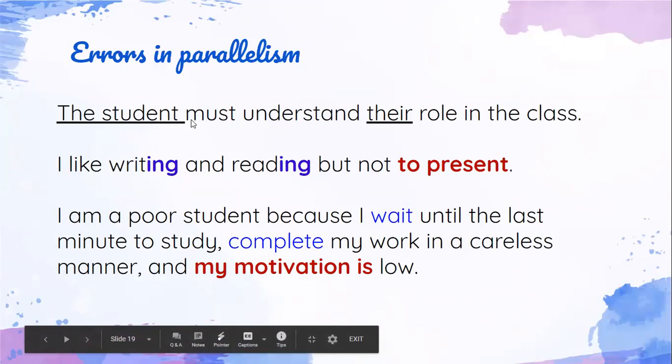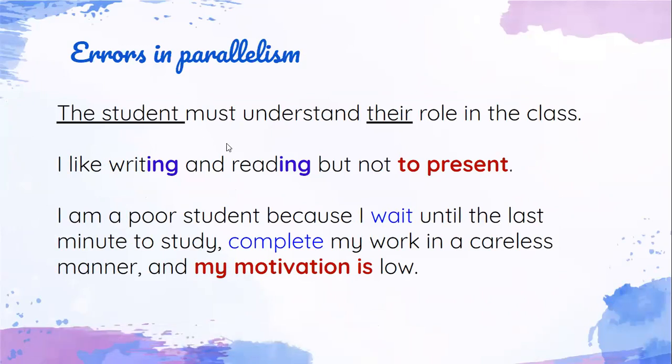This is what I mean. I'm going to read the sentence and you'll probably immediately notice something wrong with it. The first one: the student must understand their role in the class. You can see the student, which is the noun of the sentence, and then you have the other word that refers to the student, but it's underlined because that's an error in parallelism.